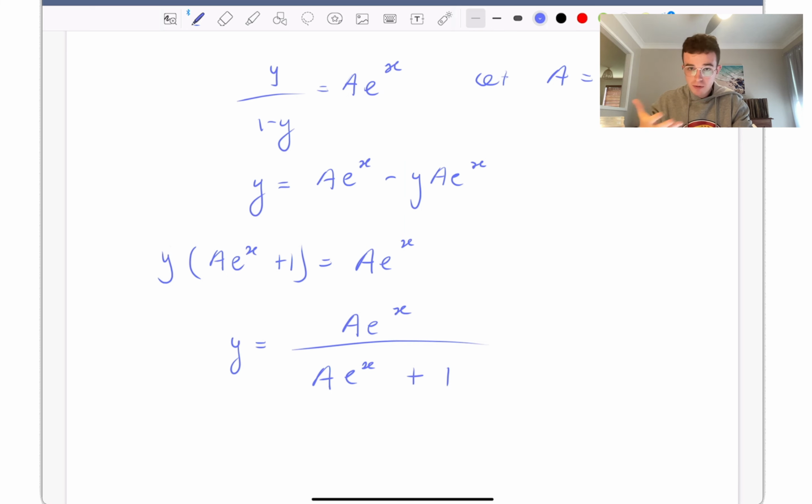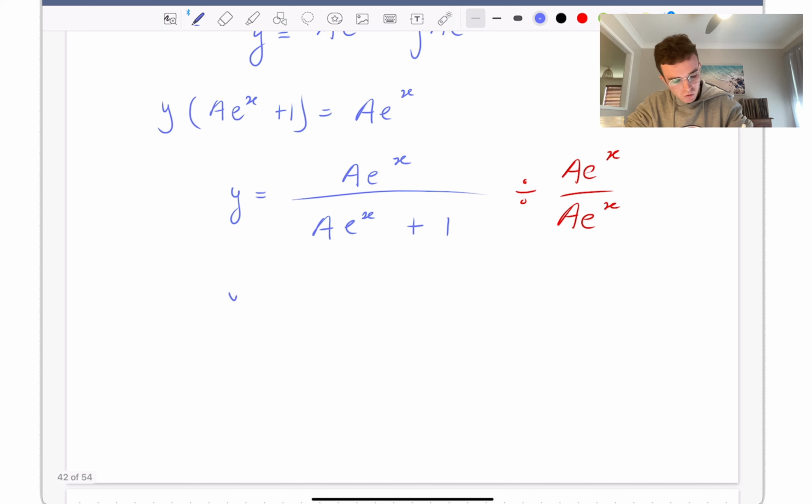Now, I personally would leave that as my answer, but you can keep going. The textbook likes to divide everything by a e to the x on a e to the x. And if we do that, we're going to have y is equal to a e to the x on a e to the x, which is 1, over a e to the x divided by a e to the x is 1 again, plus 1 on a e to the x.